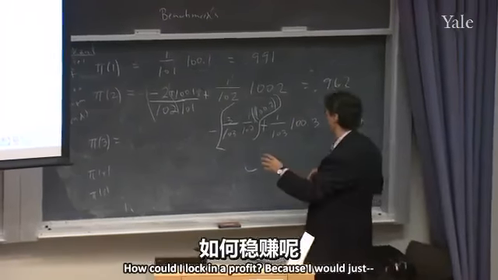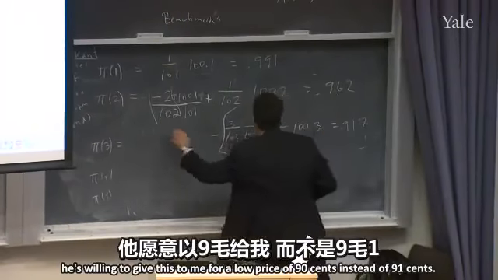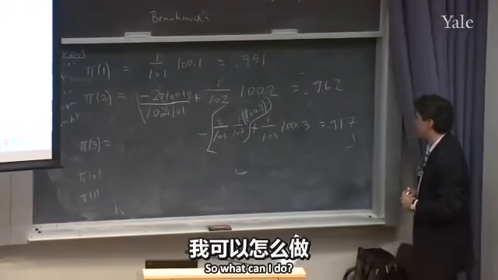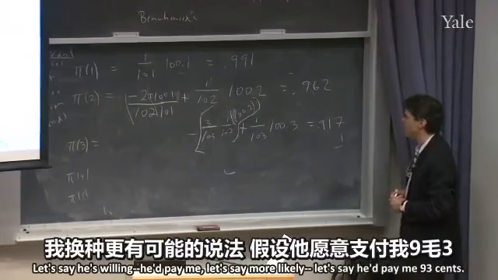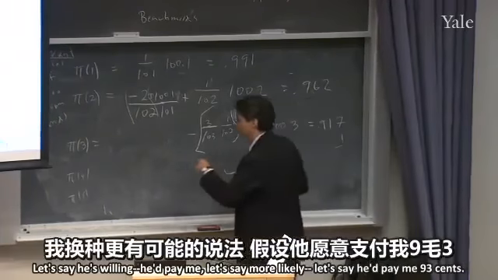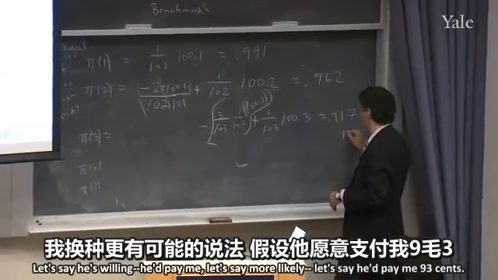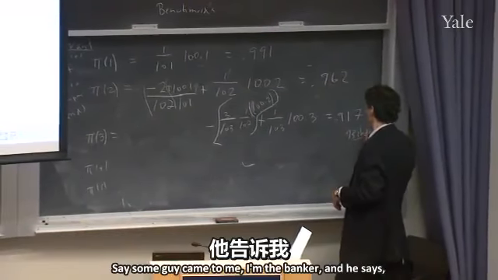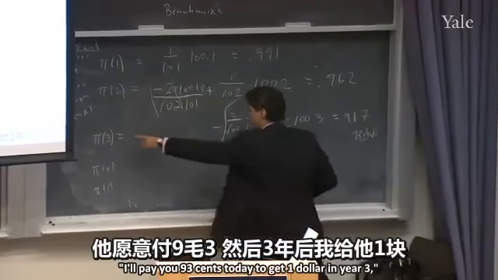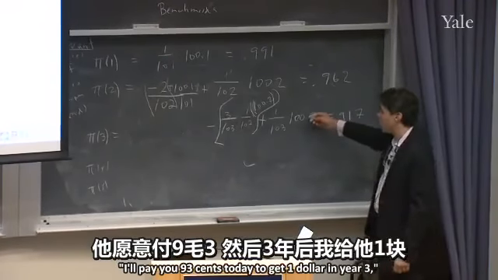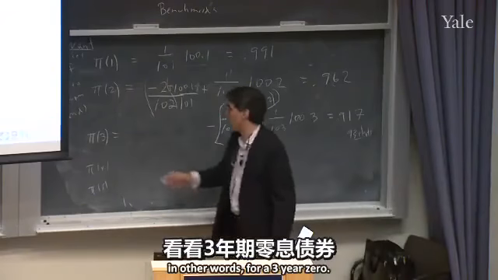Let's say, more likely, some guy came to me, I'm the banker, and he says, I'll pay you 93 cents today to get $1 in year 3. In other words, for a 3-year zero.